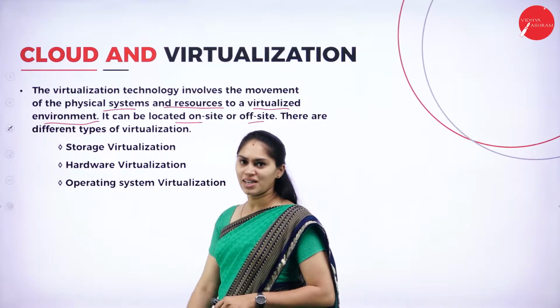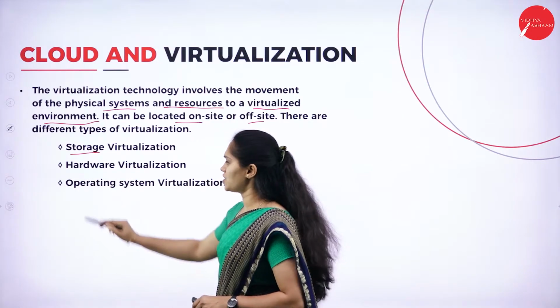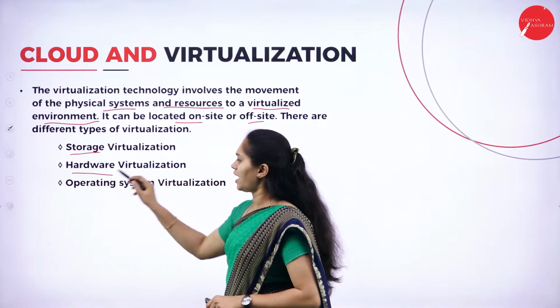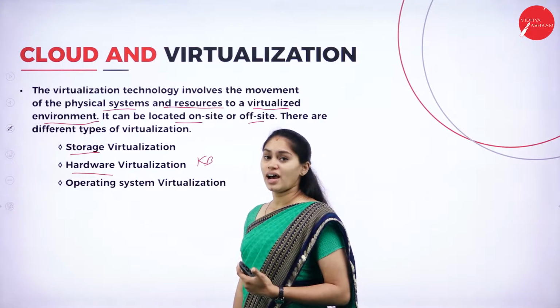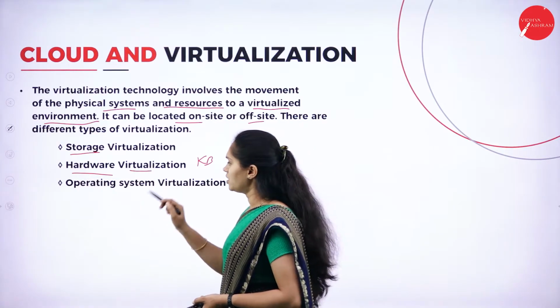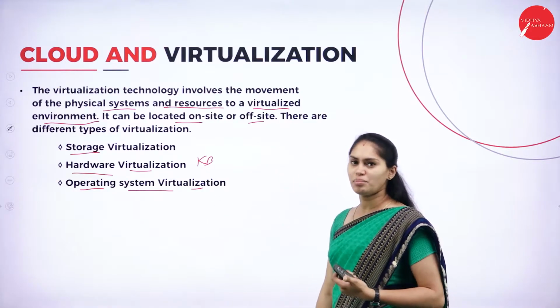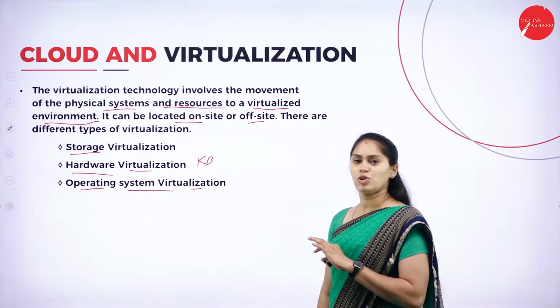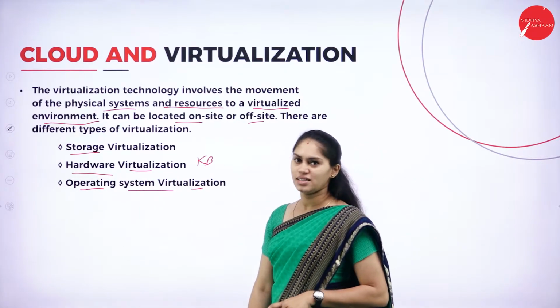There are several types of virtualization: storage virtualization and hardware virtualization, for which the keyboard is the example, and partitioning of a hardware also comes under hardware virtualization. Then we have operating system virtualization, which is not present physically, but does all the operations which need to be done by these resources.